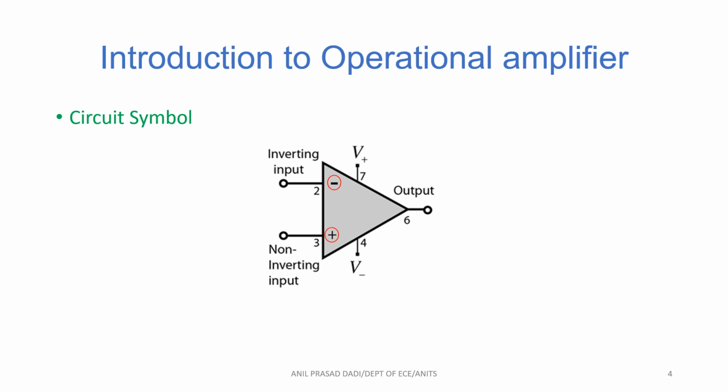It has two power supply terminals, one represented with V plus, another with V minus. There is also an output terminal located at pin number 6. As a whole, a minimum of 5 terminals are required for an operational amplifier to perform its function if it has 2 power supply terminals.